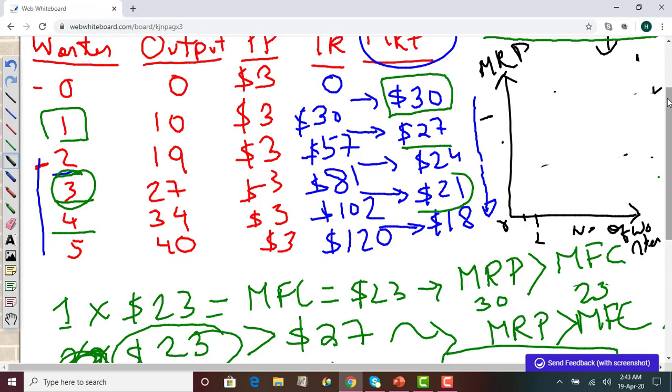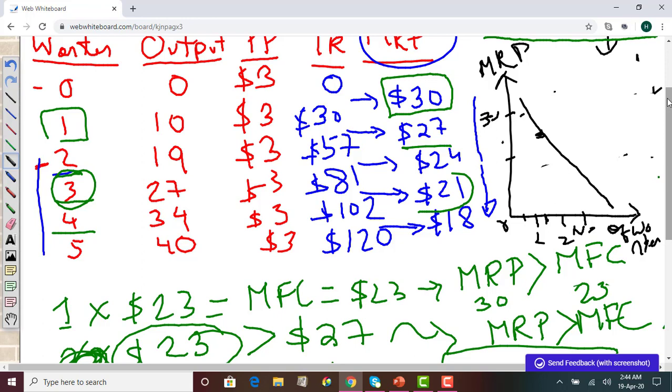In between 1 and 2 we have 27, because this point is in between the two numbers, right? And then in between 2 and 3 we have 24. So it will look like this. That's how the curve will look, and that's called the marginal revenue product.